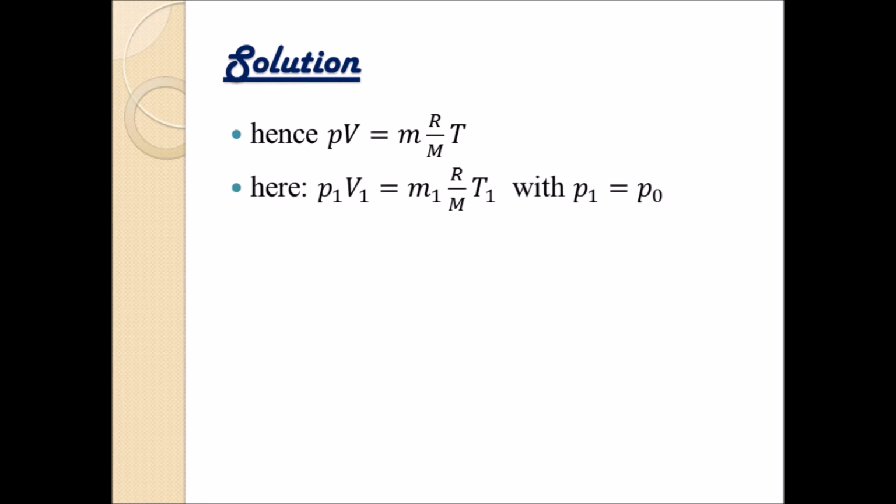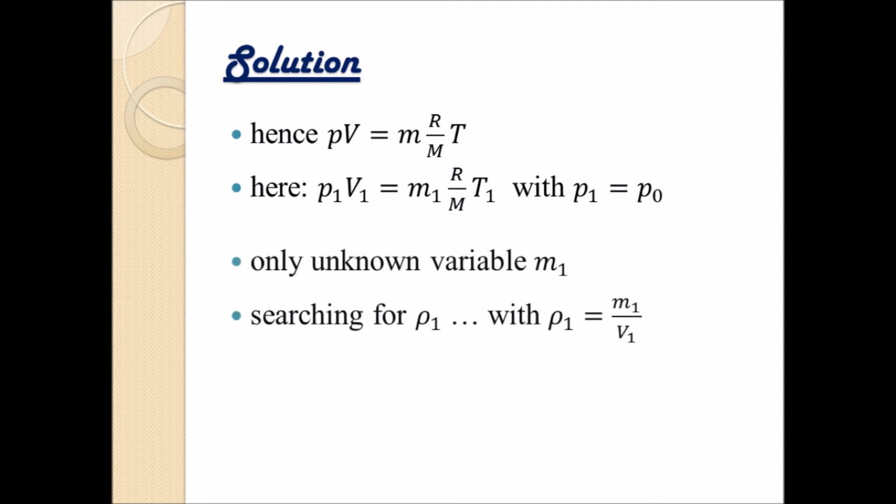Hence, in our particular case, before warming, we have P1 multiplied with V1 equals M1 times R over M times T1. And the initial pressure P1 was given as the standard pressure P0. And the only unknown variable is indeed the mass M1.